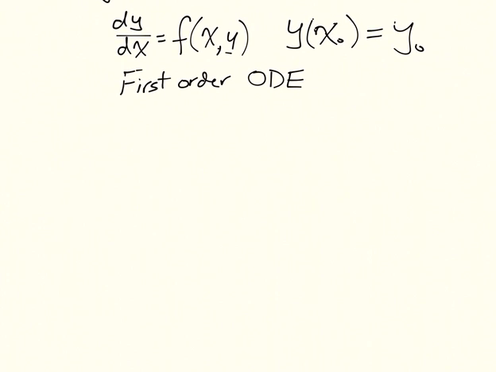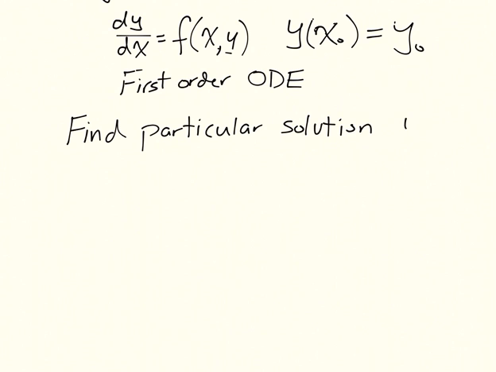And the goal, just like what you might have done in your differential equations class, is to find the solution. More precisely, we're going to find the particular solution, which we can write as y as a function of x. That's the goal.